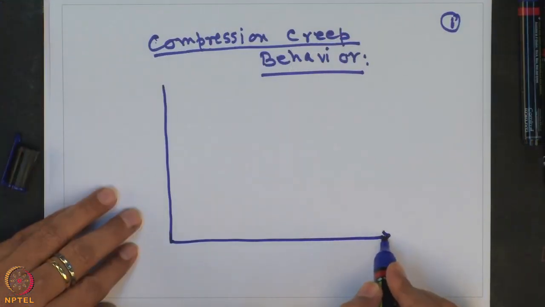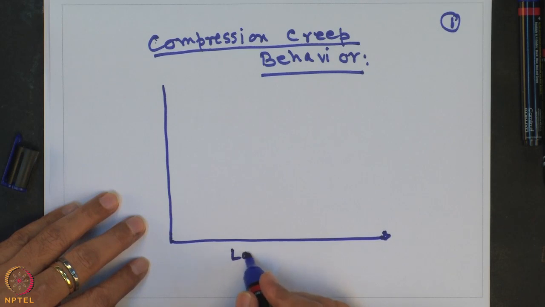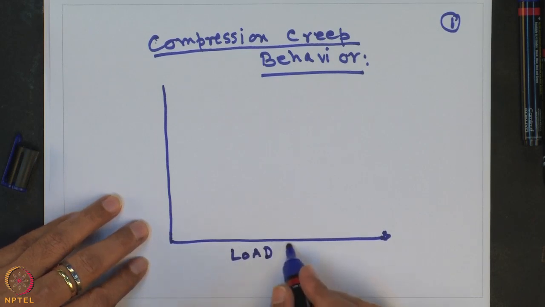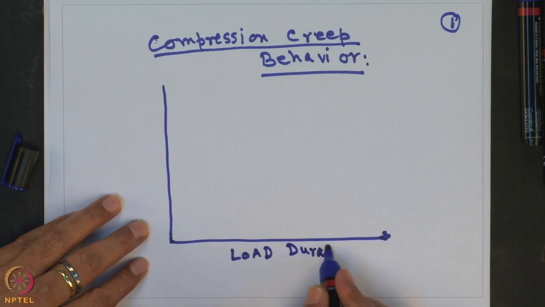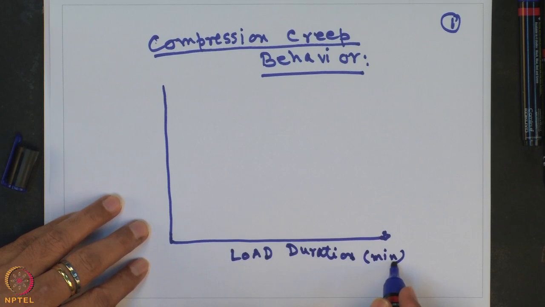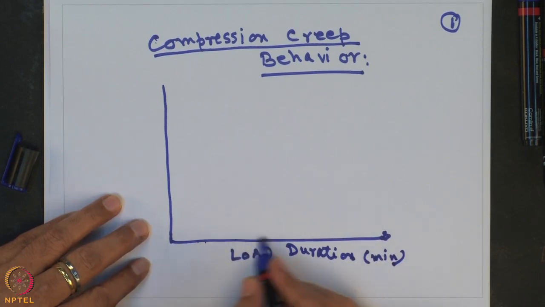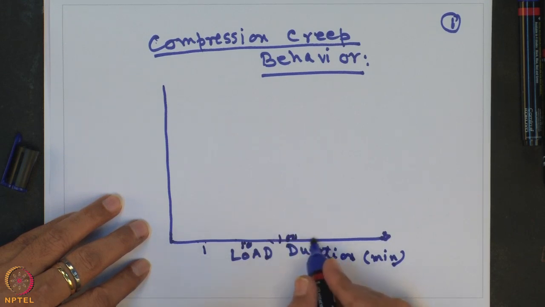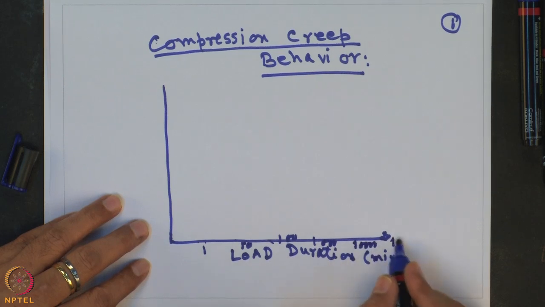So, you can draw a correlation between, suppose this is the load duration in minutes, and this is maybe 1, maybe 10, maybe 100, it may be 1000, it may be 1 lakh, like this.